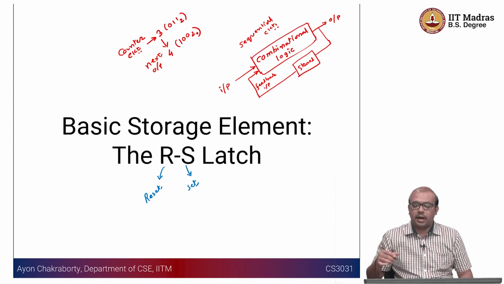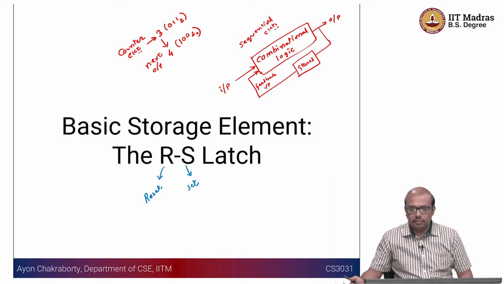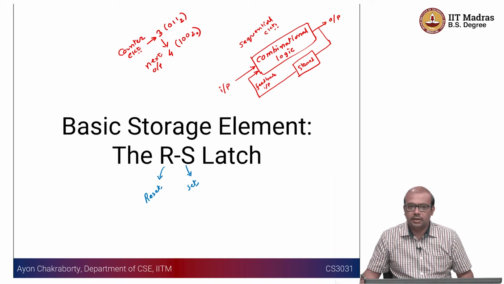So if I know that currently it is 3, then only I can tell you the next output is equal to 4. So notice that there is this temporal dependency of the outputs at a current stage with respect to the next stage, which is not true in case of combinational circuits.